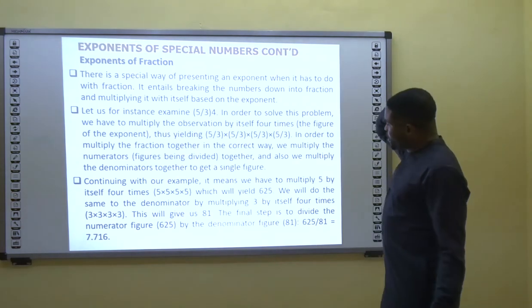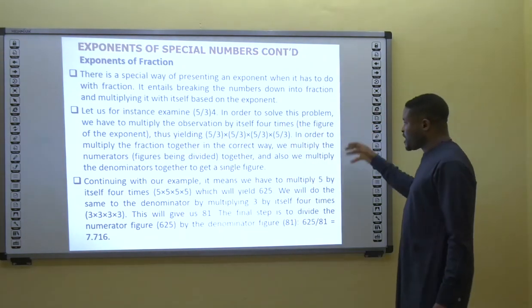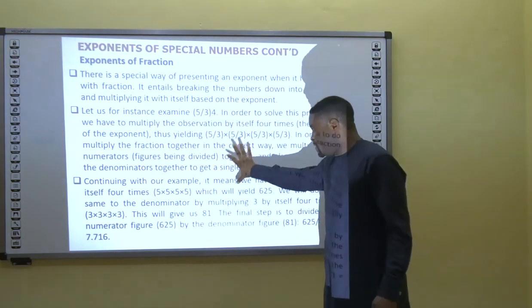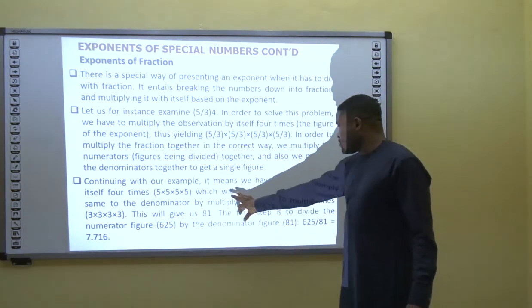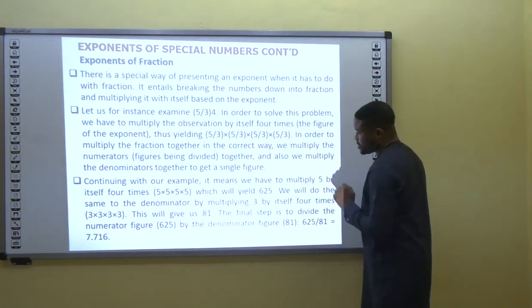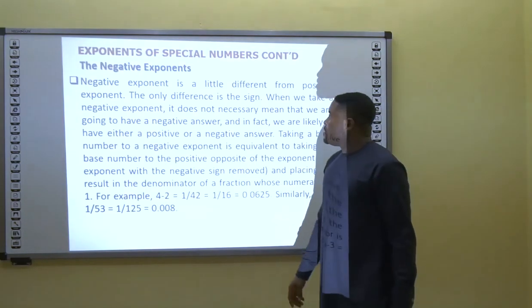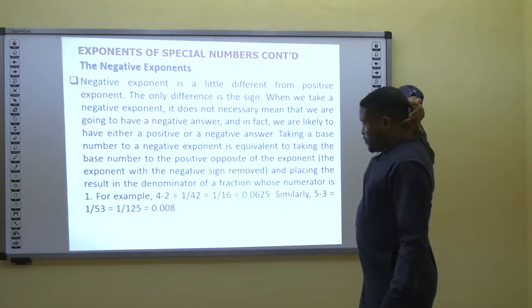Then we have exponents that are fractions. You can have an exponent that is in fraction form, which is what is explained here. Go through the slide, and you will see where we have 5 times 5 times 5 times 5, which will give you 625. Now there is the negative exponent.